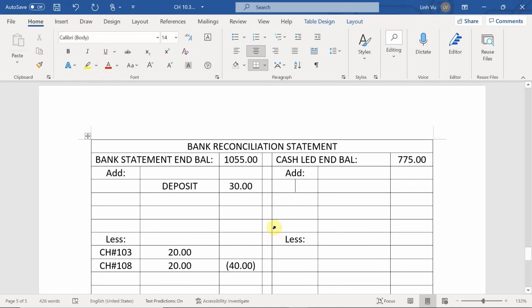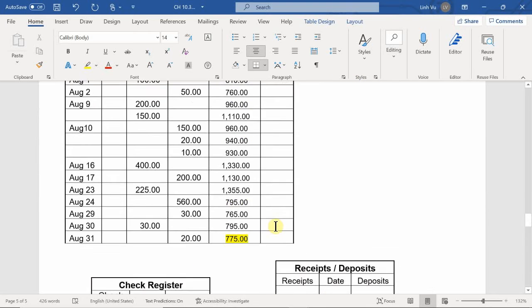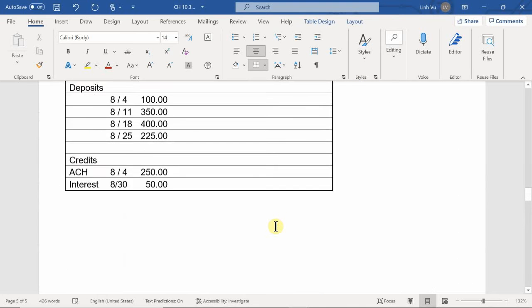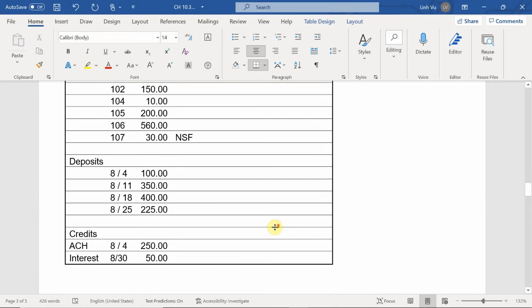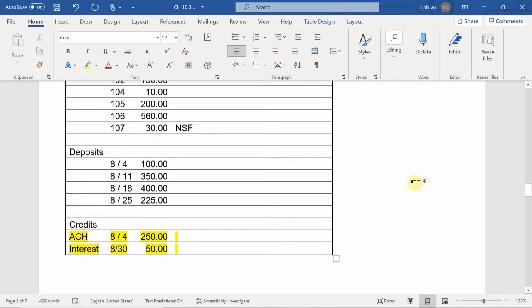Your interest. I have to add my interest, okay? So that includes ACH as well. So let's go ahead and take a look at my bank statement. Where can I find my interest? All right, credits. I have ACH and interest right here. I have ACH for $250 and interest to collect for $50.